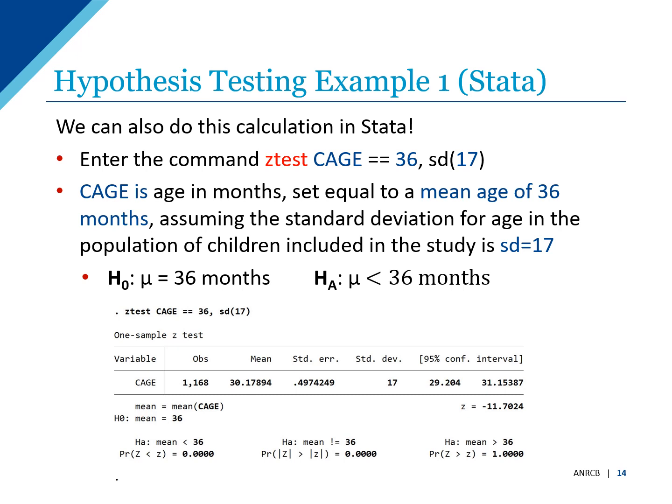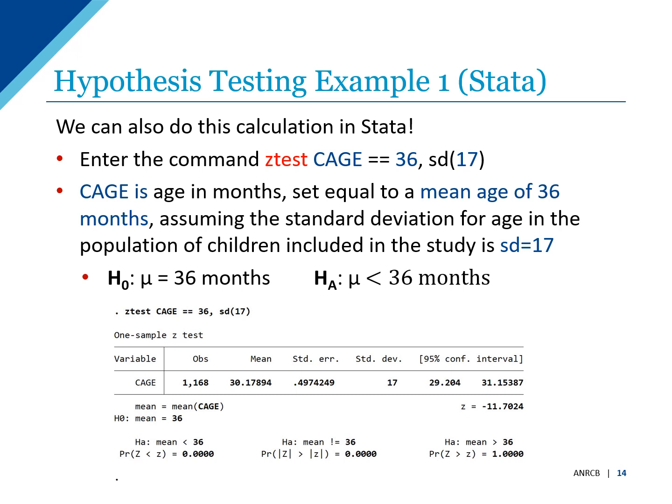We can see that our z-score is outputted below the table and is negative 11.7024. At the bottom, you can see that the p-value for the alternative hypothesis that the mean is less than 36 months is less than 0.00001, so we can reject the null hypothesis that the mean age is equal to 36 months.